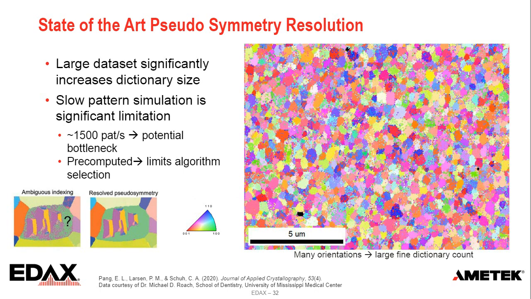And if you want to keep things simple, you would be indexing each point against all of these mini dictionaries, which means the computation time is going to explode. So instead, you have to break the data set into small chunks, make the mini dictionaries per chunk, and it becomes a lot more complicated.